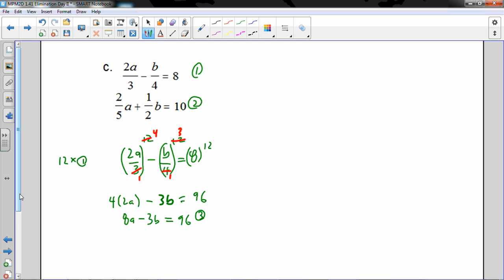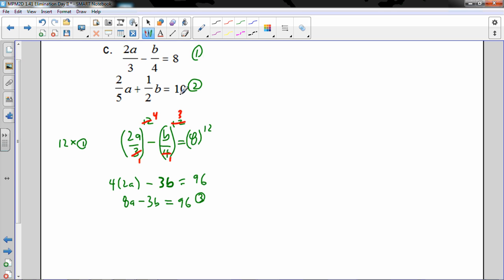And I got to whip this other one into shape too. Again, all this stuff here is my spring training. Preseason, I guess, if you're hockey fans. So what number will kill all the fractions at once? Well, it's going to be 10, because it'll kill the 5 and the 2 at the same time. And what happens here?